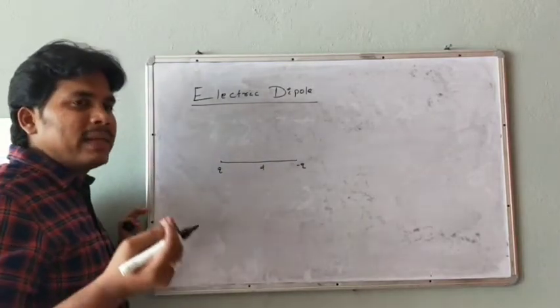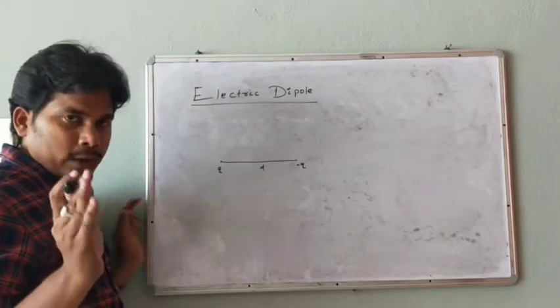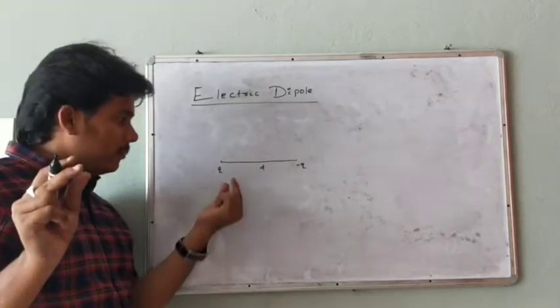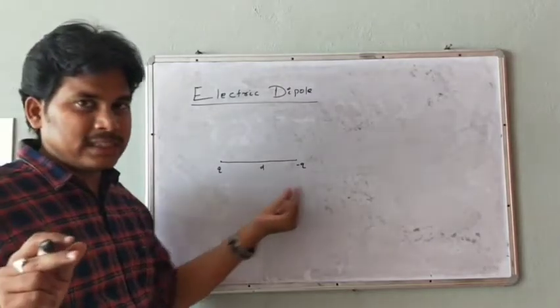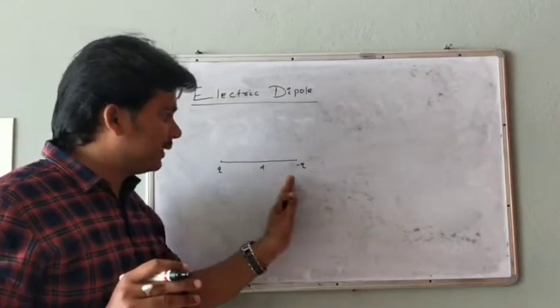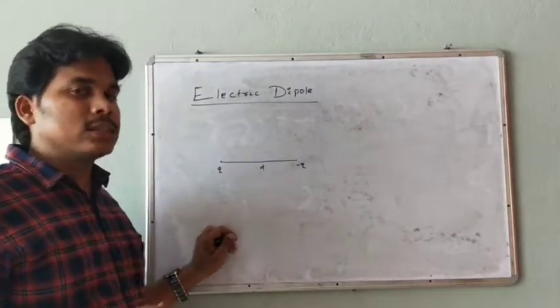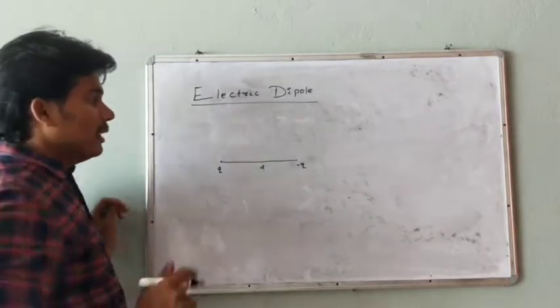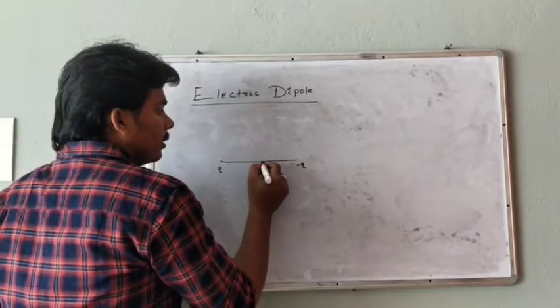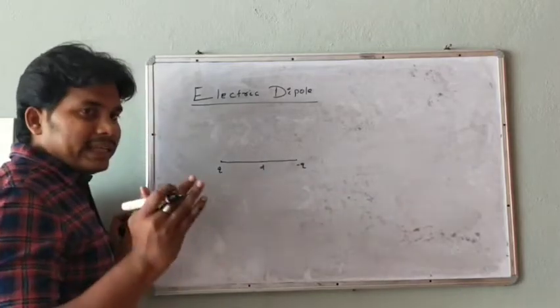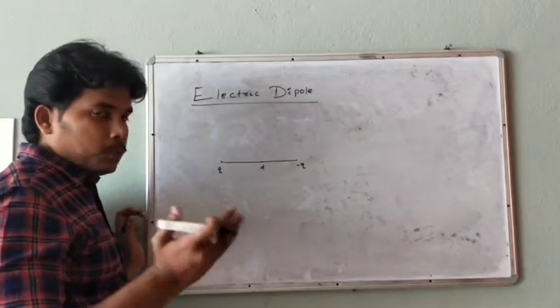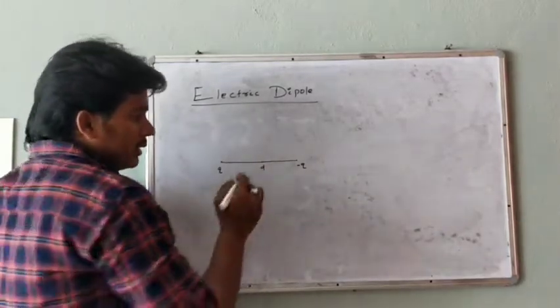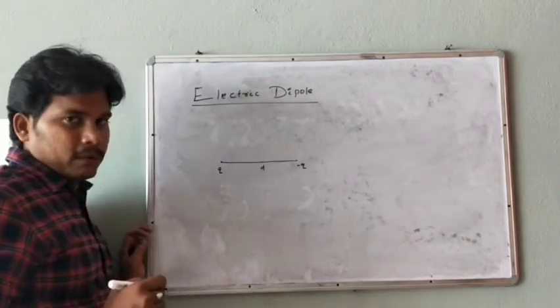Di means two, pole means the two ends. The positive charge and the negative charge are the two poles, separated by some distance. This is called the electric dipole. The midpoint, which is equidistant from the two point charges, is called the center of the electric dipole.